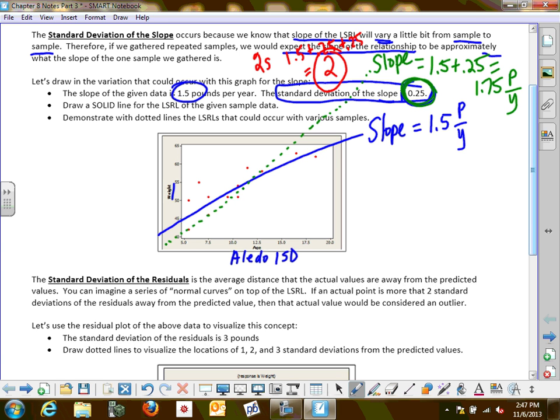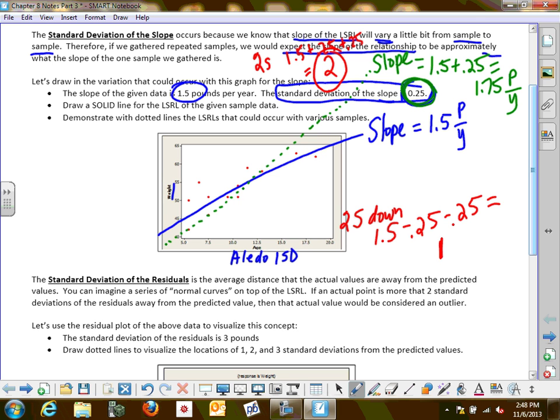If somebody got a slope different than 2, then I would start thinking something weird is going on. Let's find the lower bound. If somebody did 2 standard deviations down, that would be 1, because it's 1.5 minus 2 standard deviations.